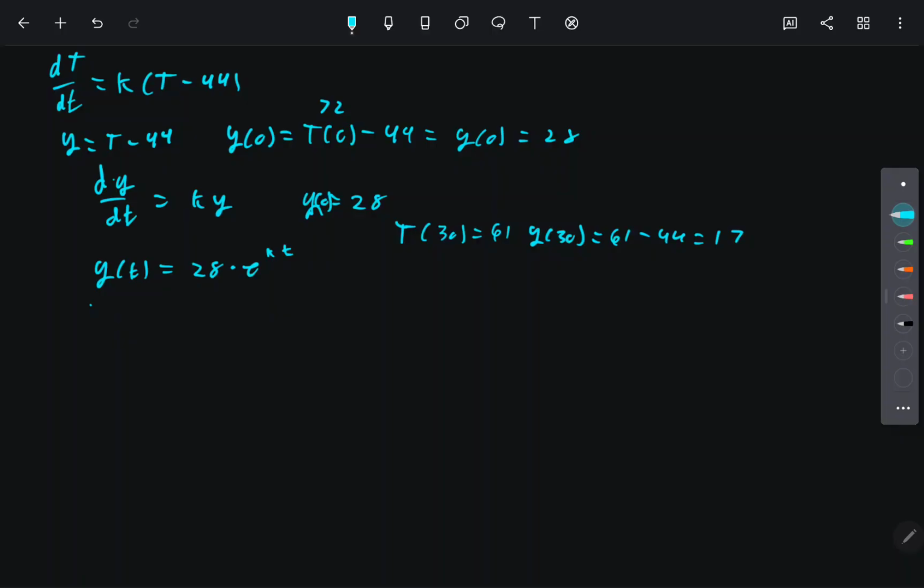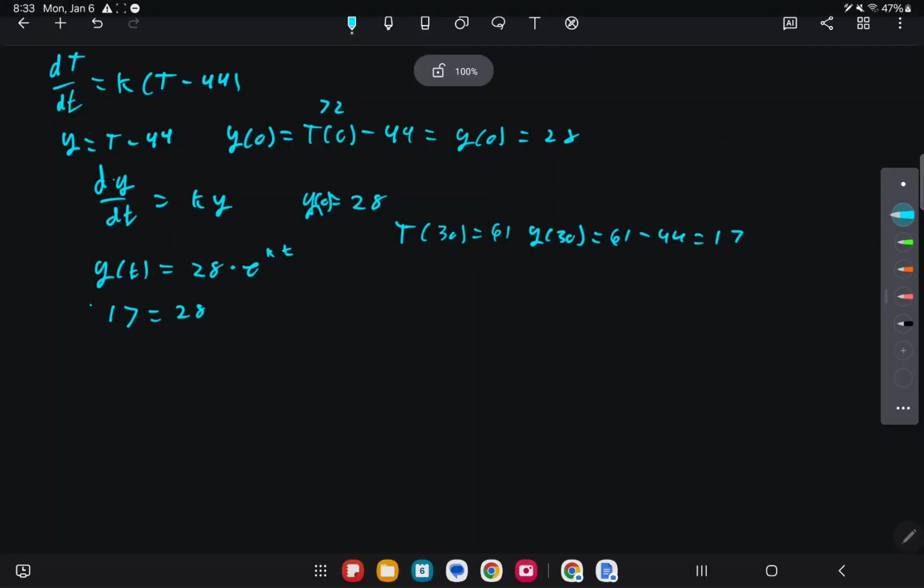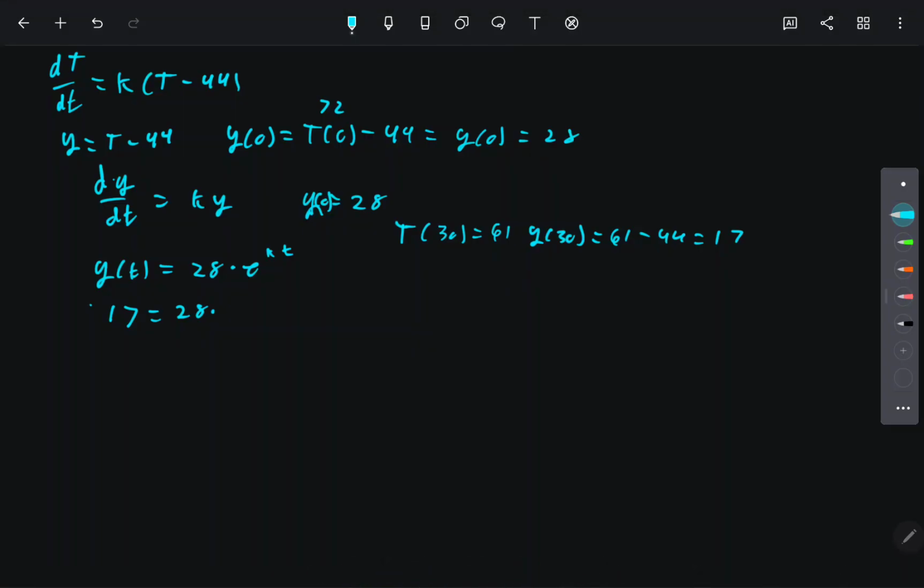So now that we have this 17, we can work towards solving for the constant, because we know our 17 is equal to our 28 times e to the k times 30.